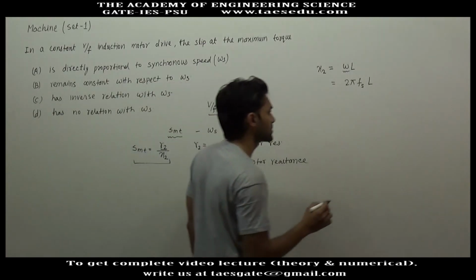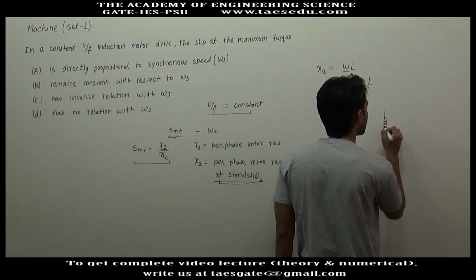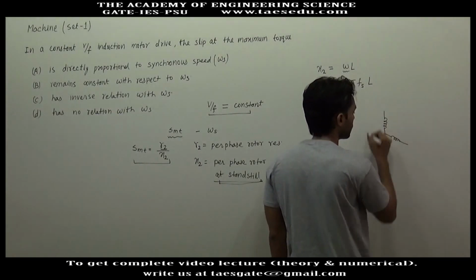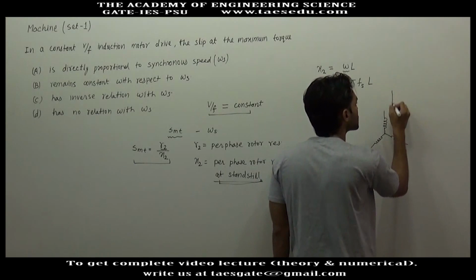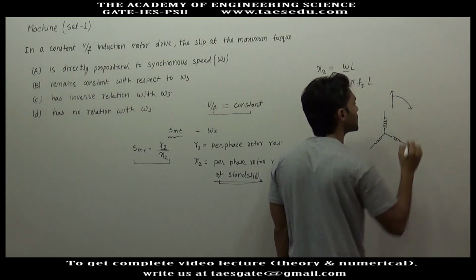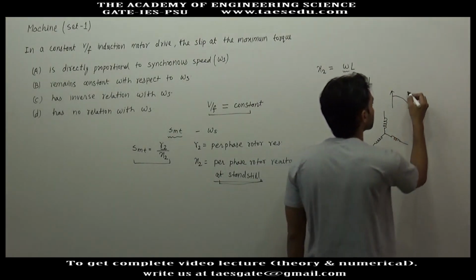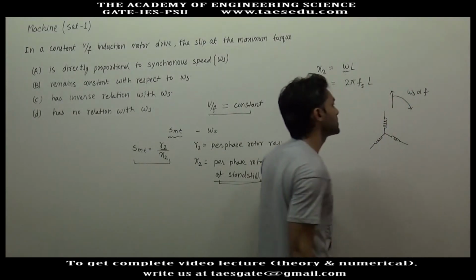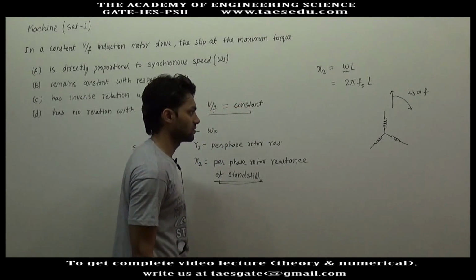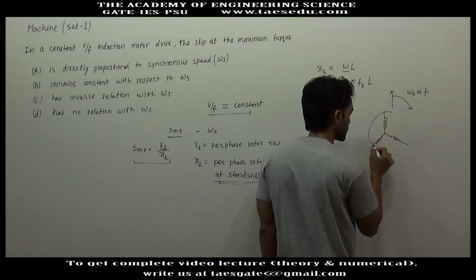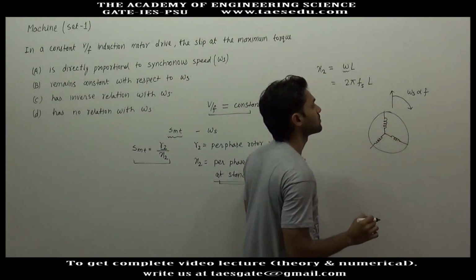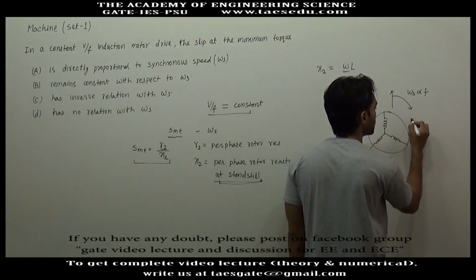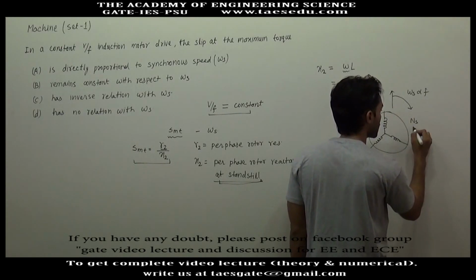So if the rotor is at standstill, let's say this is the rotor winding, and the field rotates with synchronous speed, which is directly proportional to the frequency of the supply. If the rotor is at a standstill, the relative speed between the field and rotor winding will be synchronous speed, or omega s.